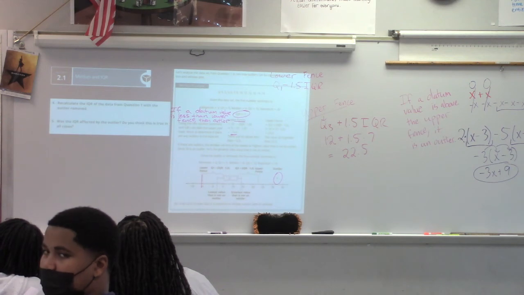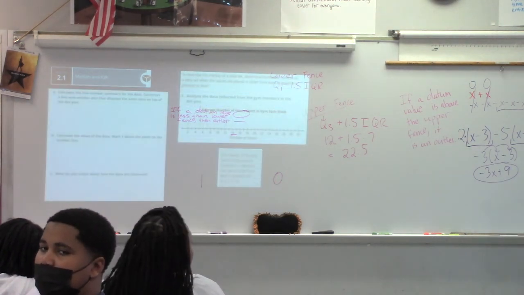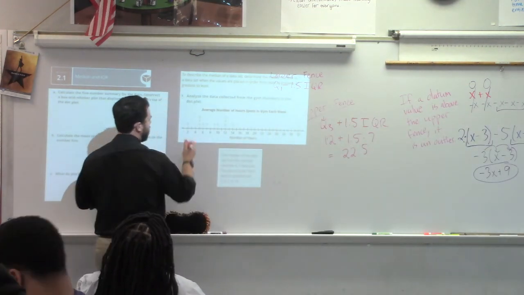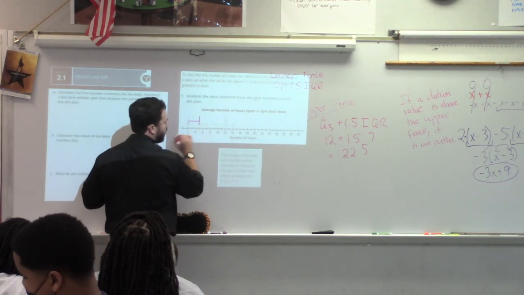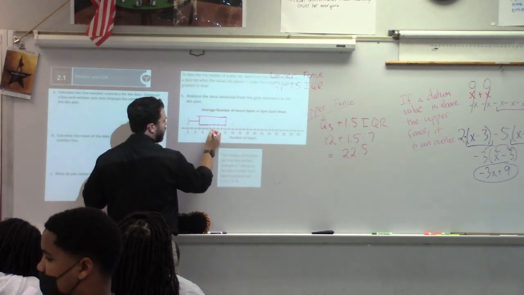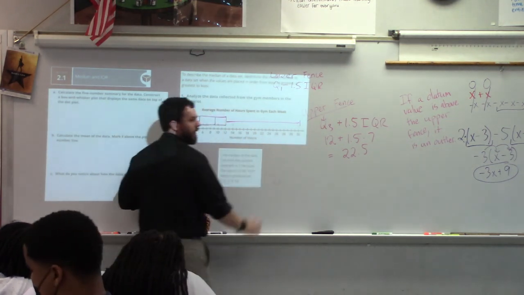So really quickly, remember back here when we created our box plot, and so we had this here, Q1, Q3 was 9, the median, and then we went all the way out here, right?